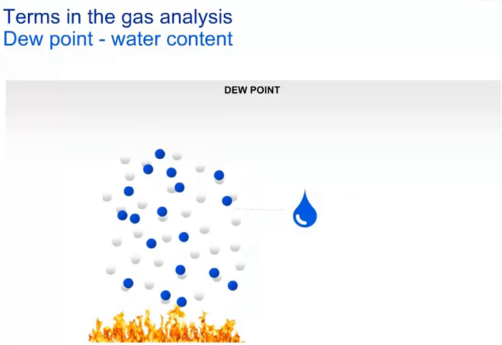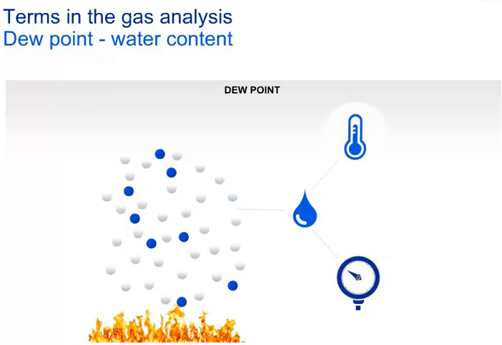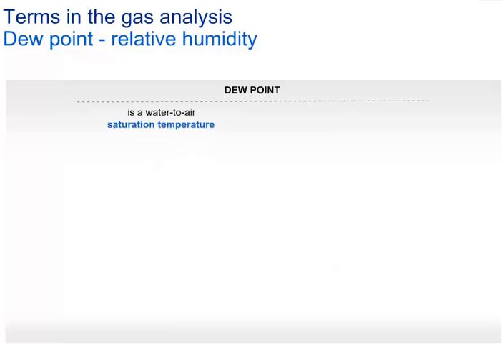We all know that our ambient air can absorb humidity. The amount of humidity that can be absorbed is dependent on the temperature and pressure of the air. We know that warm air can absorb much more moisture than cold air. The dew point is a water-to-air saturation temperature. The dew point is associated with relative humidity.